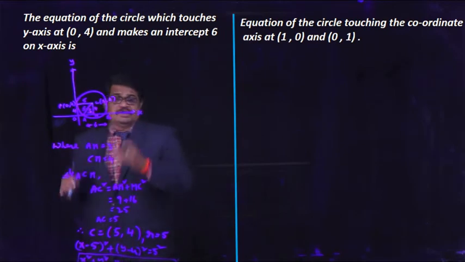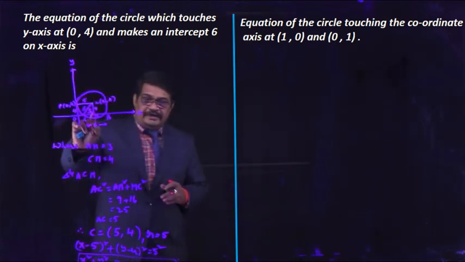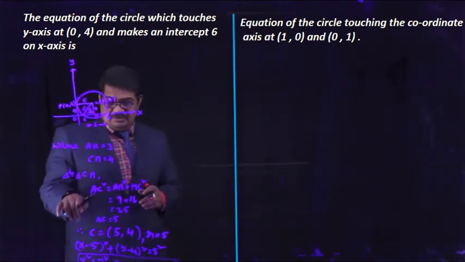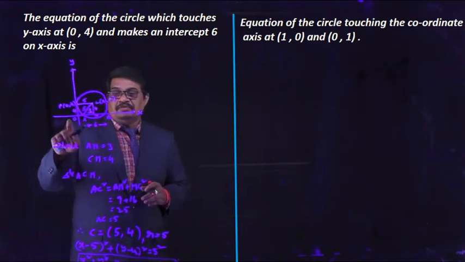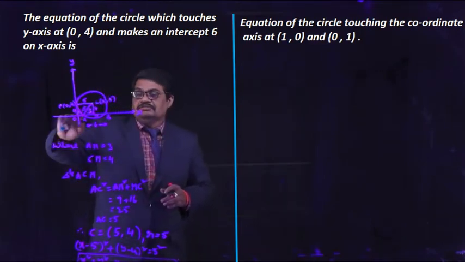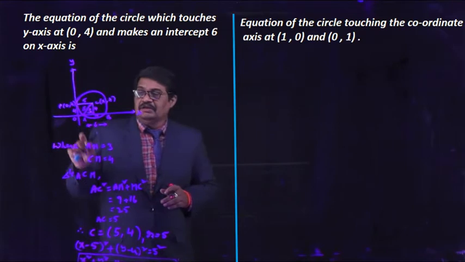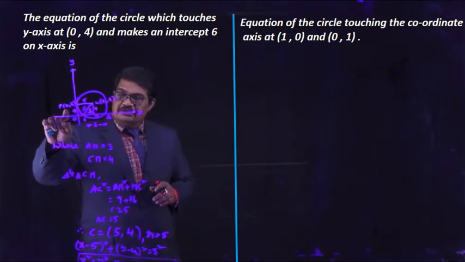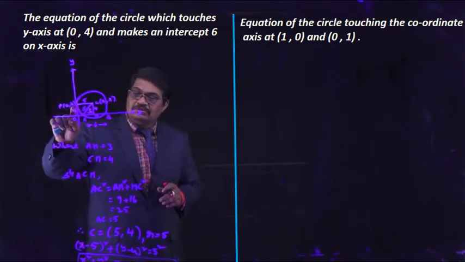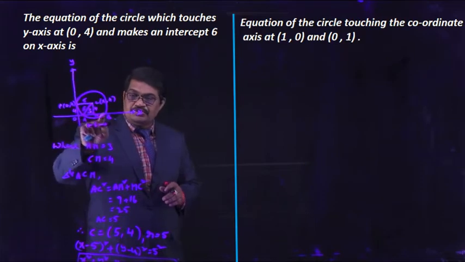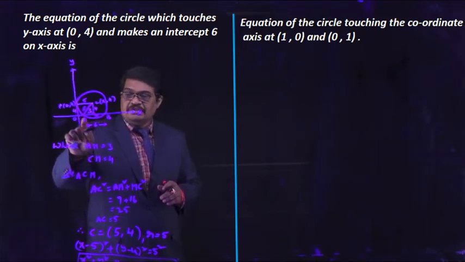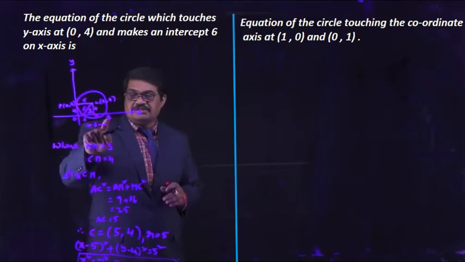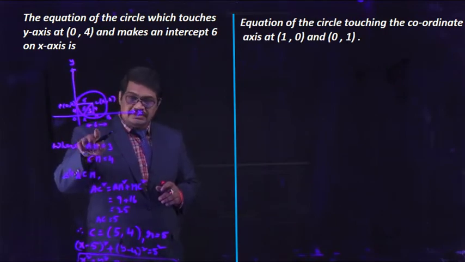So if you understand the diagram, then the solution is very easy. Okay, once again I recall. The required circle touches the y-axis at the point (0, 4) and makes an intercept of 6 units on the x-axis. AB is the x-intercept, that is 6 units.